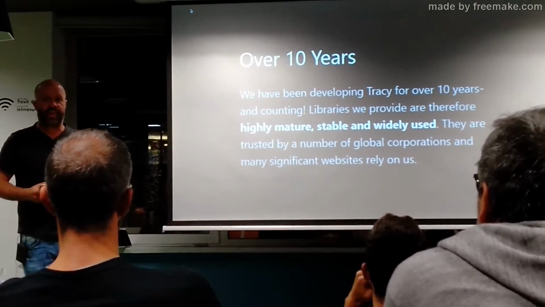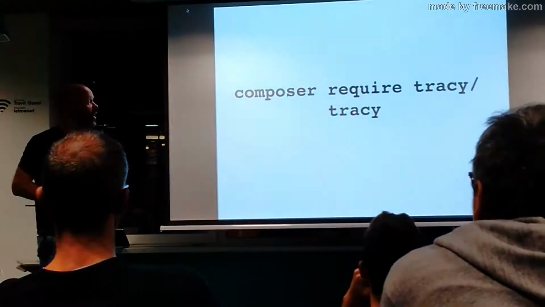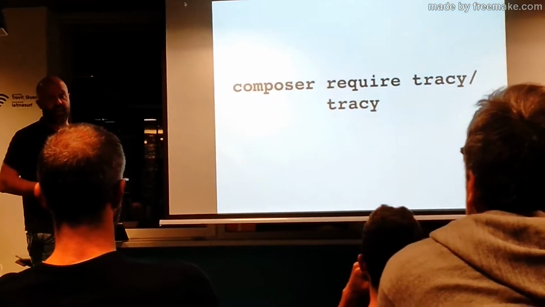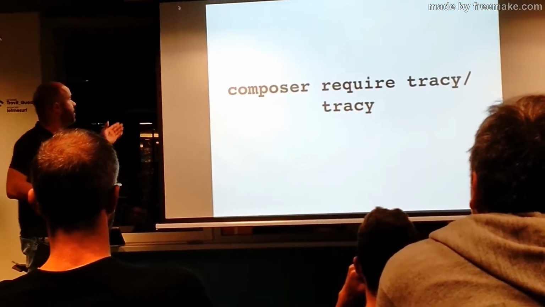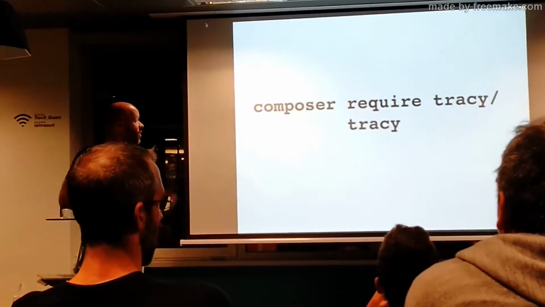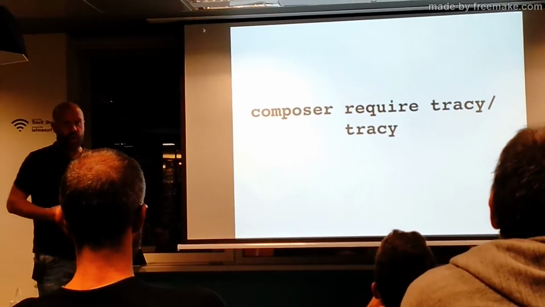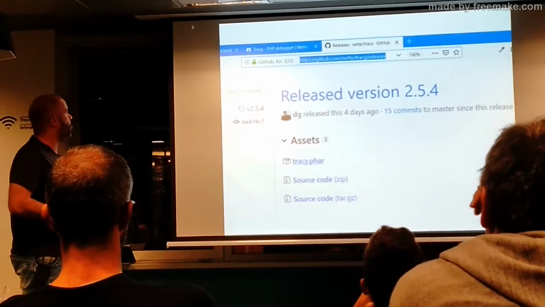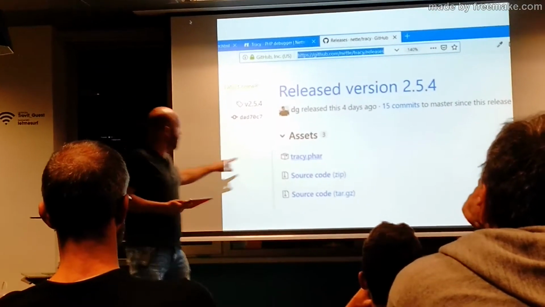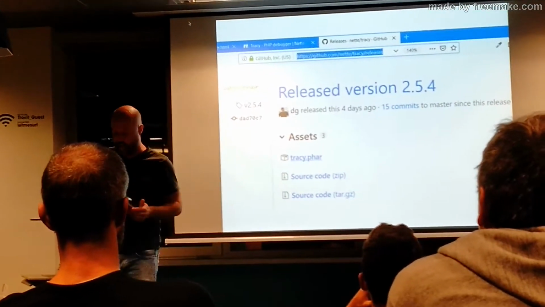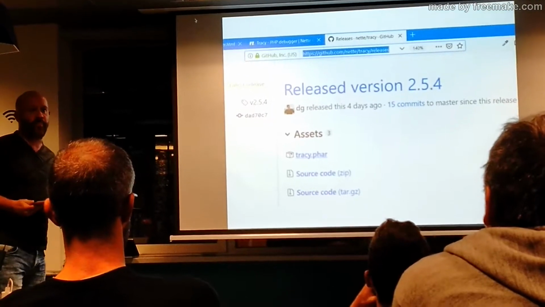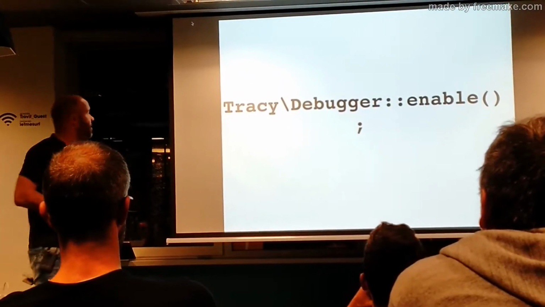Let's start with Tracy. First step is to install Tracy. You can install it using Composer: composer require tracy/tracy, or you can download a single Tracy file from GitHub. And the second step is to enable Tracy.